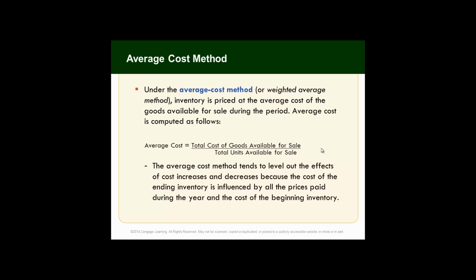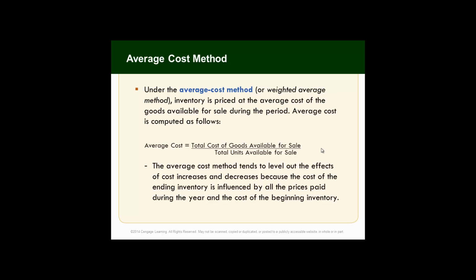So the average cost is also called the weighted average method, and that's very simple to calculate, but not very accurate most of the time. So the inventory is priced at the average cost of the goods available for sale. So you know exactly what it cost you. To build all of these items, it cost me $1 million, and you have 100,000 items.